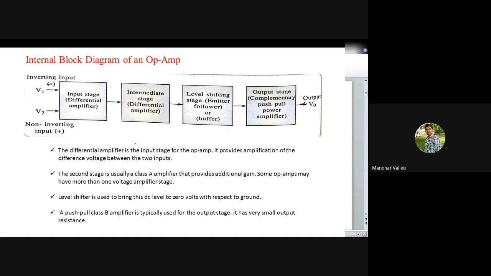Now if you see the block diagram of... till now, does anybody have any doubts?